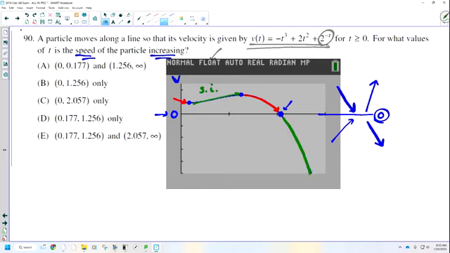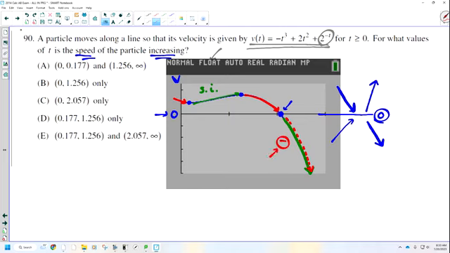If that doesn't make sense, let me explain it this way. Even though this is a negative value, when it comes to velocity, if it's negative, that just means direction. So I'm moving away from 0, so I'm speeding up, moving to the left. That has nothing to do with speed, but direction, okay?